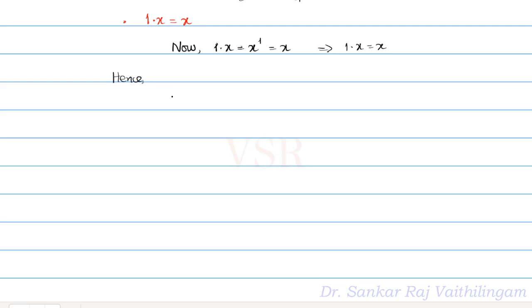What have I proved? First, alpha into x plus y is equal to alpha x plus alpha y. Next, alpha plus beta times x is equal to alpha x plus beta x. Next, alpha beta of x is equal to alpha into beta of x.